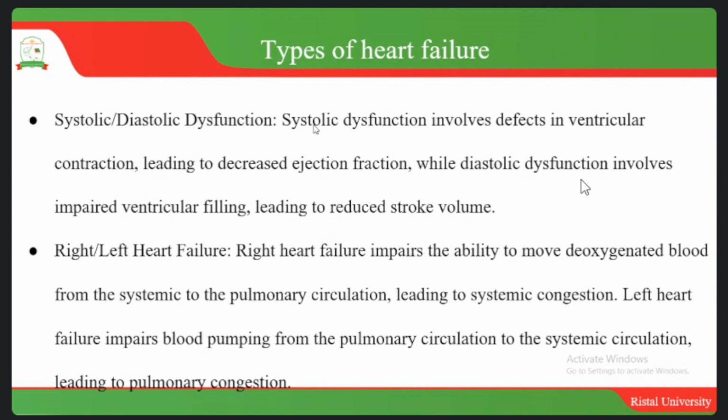But when it fails to pump that blood in the amount expected, it can lead to pulmonary failure, and can also lead to systemic congestion.